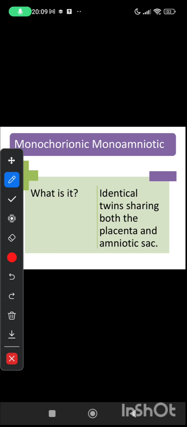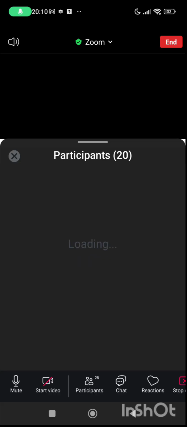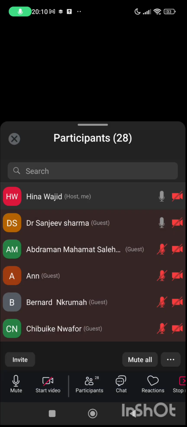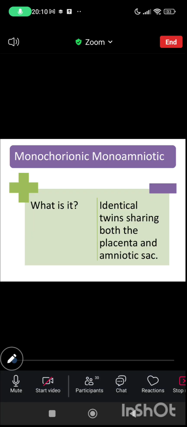As the name shows, how many zygotes are there in dizygotic? Two zygotes. So two eggs and two sperms combine, and then there are two zygotes.